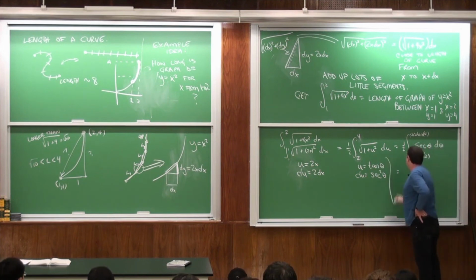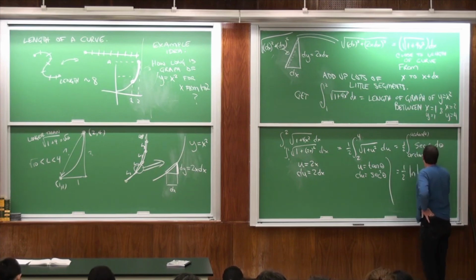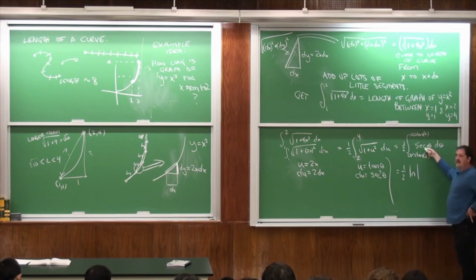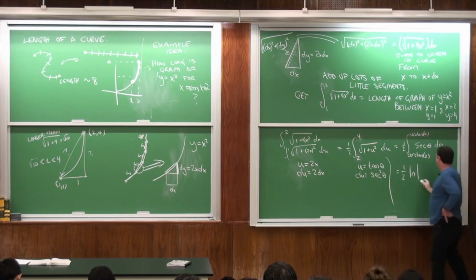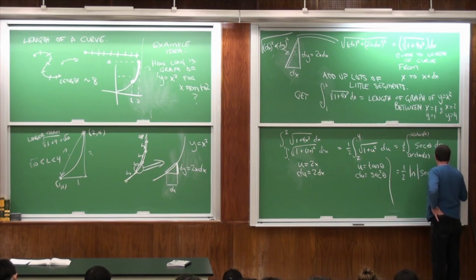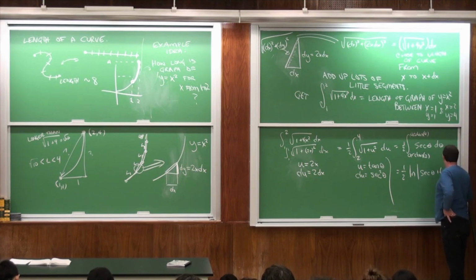So this is 1/2 the log. I absolutely hate this integral, so it keeps showing up. Secant theta plus tangent theta from arctan 2 to arctan 4. Secant squared. What happened to the secant squared from du?